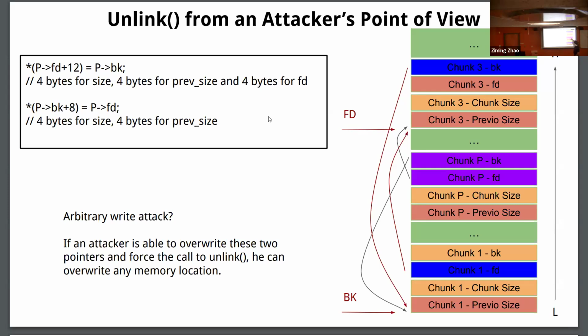So the forward will not point to a real chunk, and the backward will not point to a real chunk. They point to some other memory location. If we can trick malloc to unlink this chunk, then malloc is going to overwrite some offset from BK, the backward, and some offset from the forward.